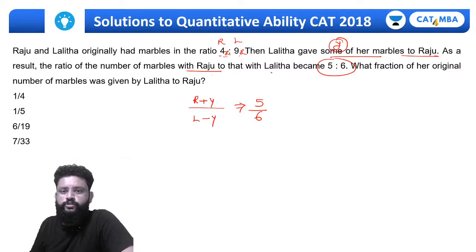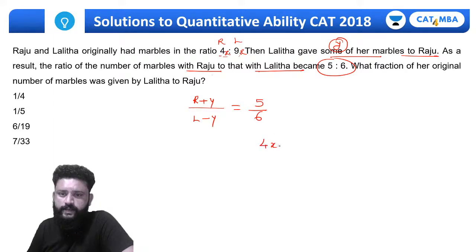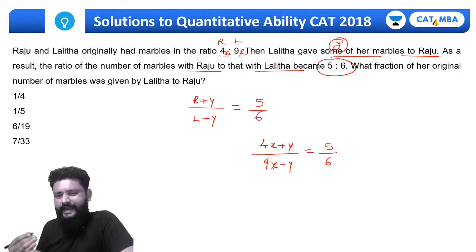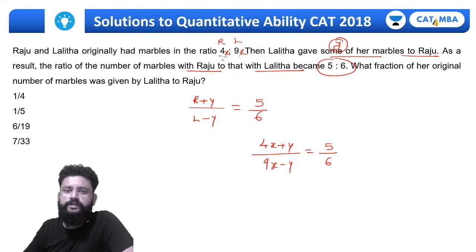The marbles with Raju and with Lalita become in the ratio 5:6. Now we know Raju had 4x, so 4x plus y upon 9x minus y. This must be 5 upon 6. And I can get the relation between y and x, and then we'll think about the other thing.